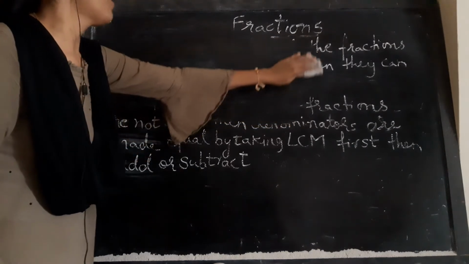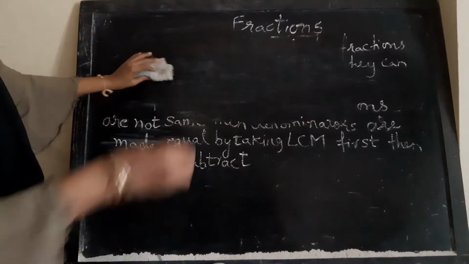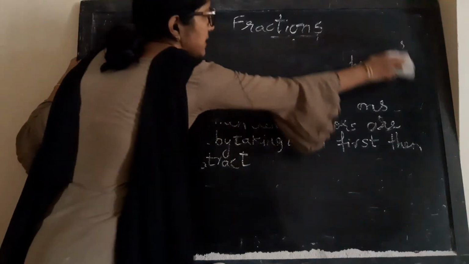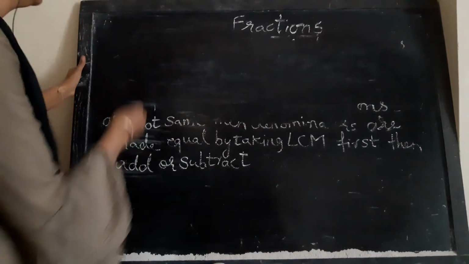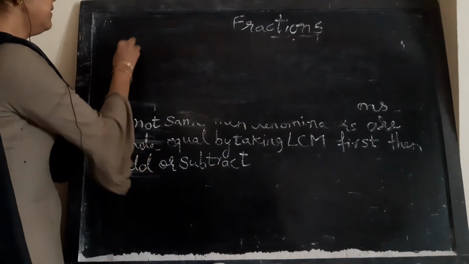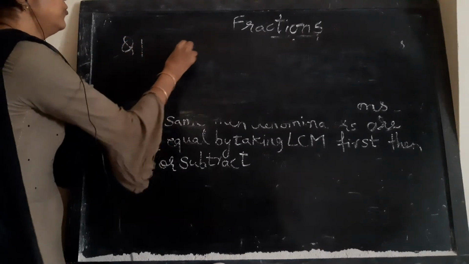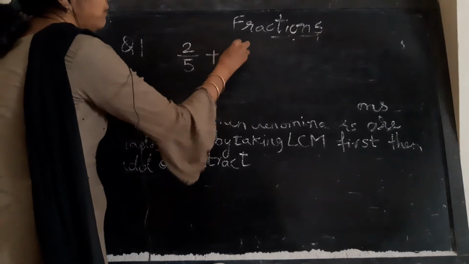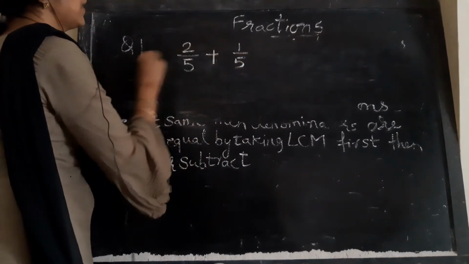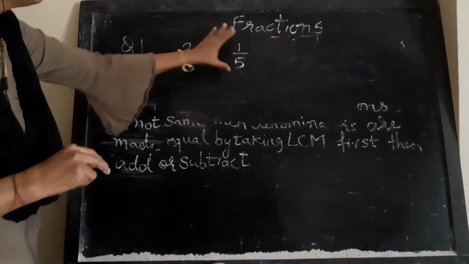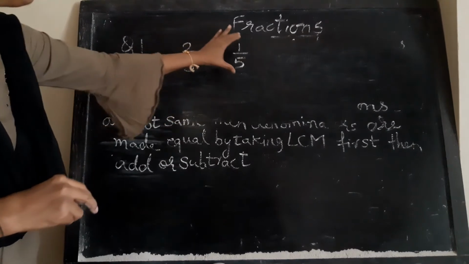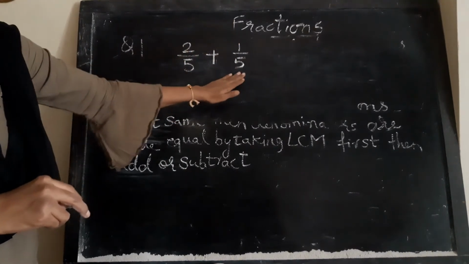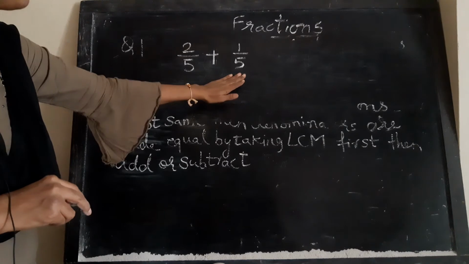First of all, what is to be done when the denominators are the same? Suppose we have to add 2 upon 5 and 1 upon 5. Here we have two fractions, 2 by 5 and 1 by 5. Both of them have the same denominator 5.